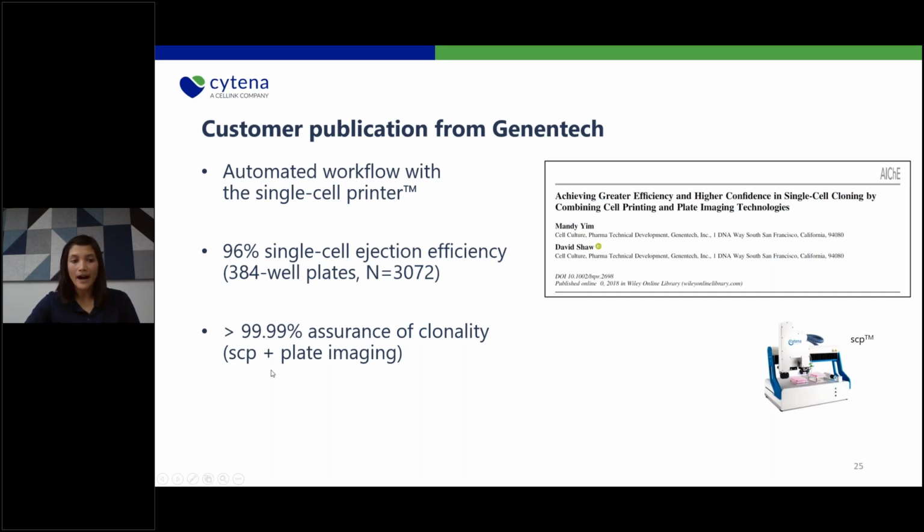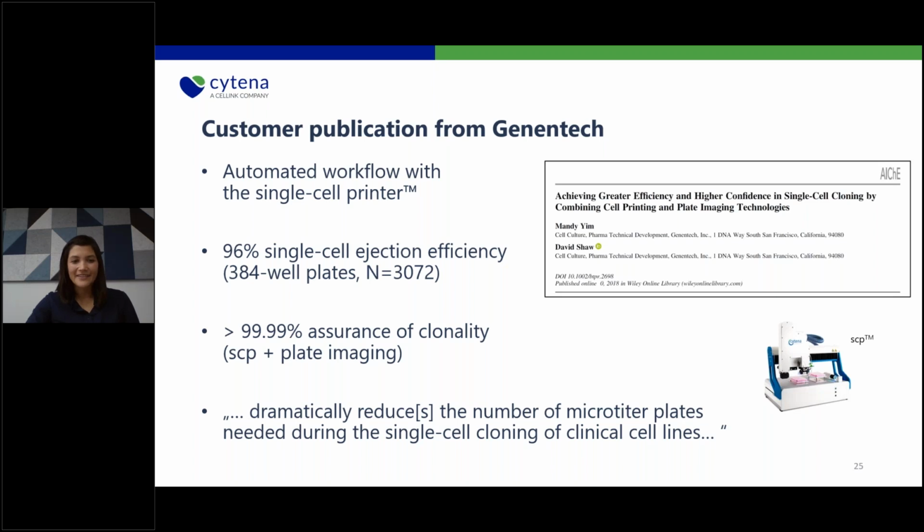And by combining the SCP nozzle images with plate imaging, they reached over 99% assurance of clonality. So this is quite awesome. And the group mentioned that the usage of SCP dramatically reduced the number of plates used for single cell cloning.